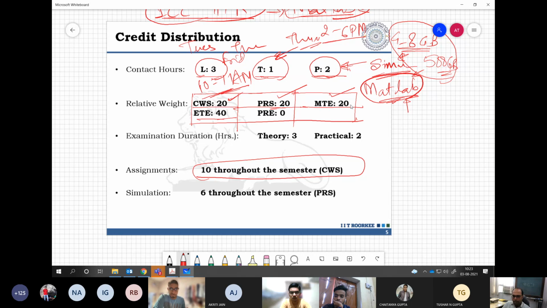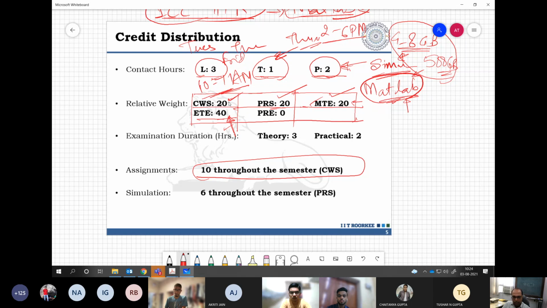Then the midterm examination will again carry 20 marks, and the end-term examination would carry 40 marks. This is very evenly distributed, which means that even if you underperform in any of the examinations, you may still have a reasonable grade. You will not be losing a lot of marks there. That is why it is distributed in this manner.